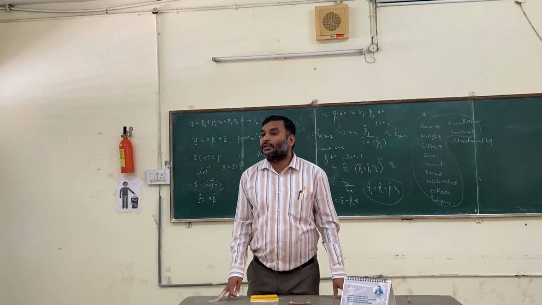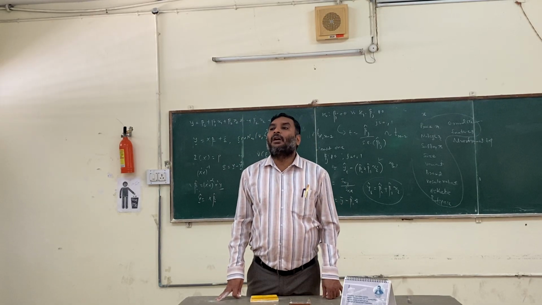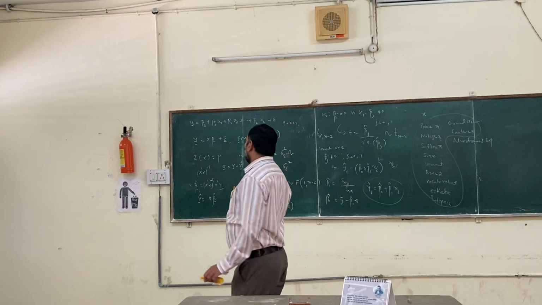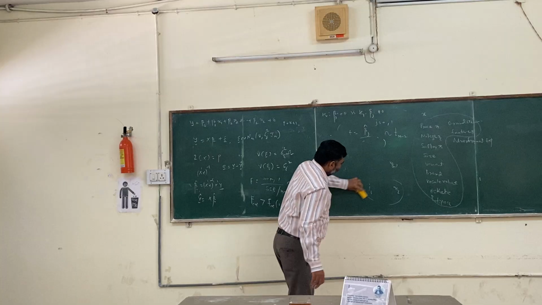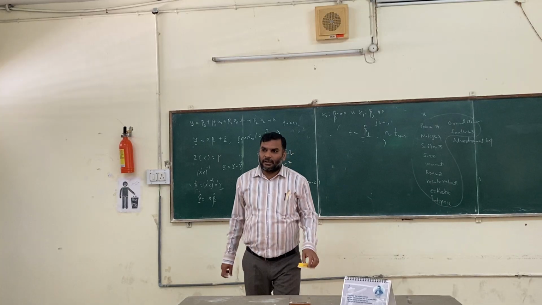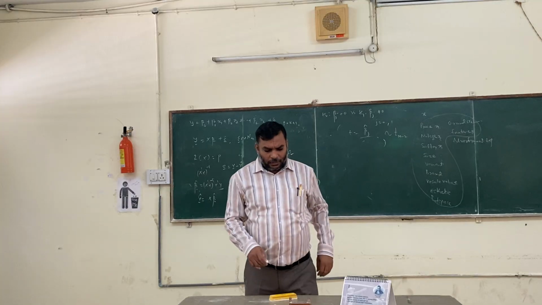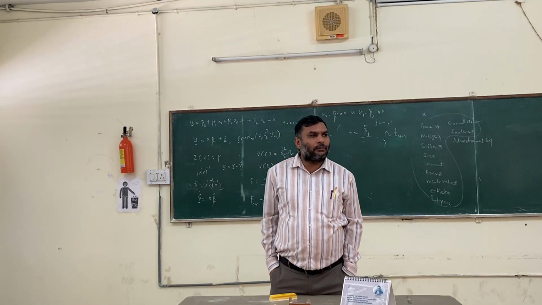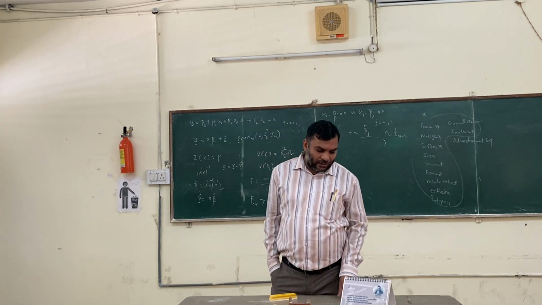You cannot use the ordinary least square method. You have to go for weighted least square or generalized least square. If you use OLS, you are losing efficiency, and that is why one has to go for weighted least square.